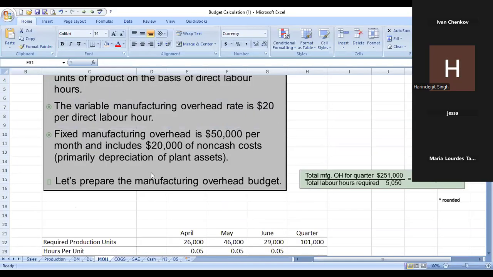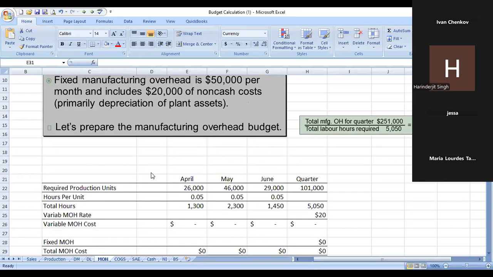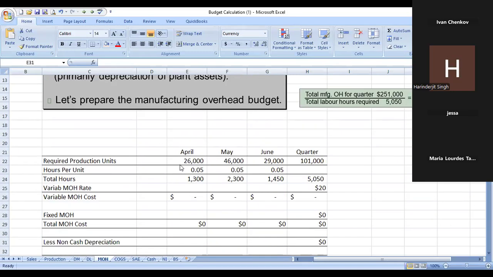Now, having everything in mind, we're starting with the direct production. We're going to see how many hours we need to produce that production. So the actual hours were 1,300 in April, 2,300 in May, and 1,450 in June.